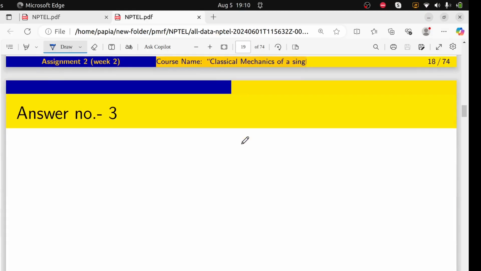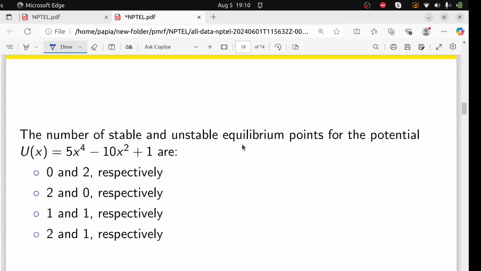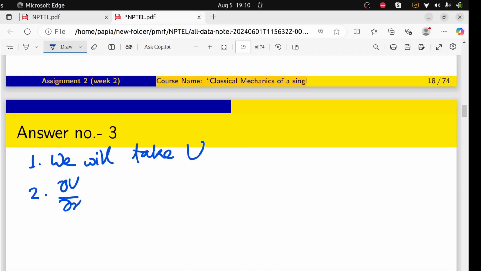And what is the calculation? First one is we will take del U del X, as it is a function of X. We will put that one as 0. Then find X values.